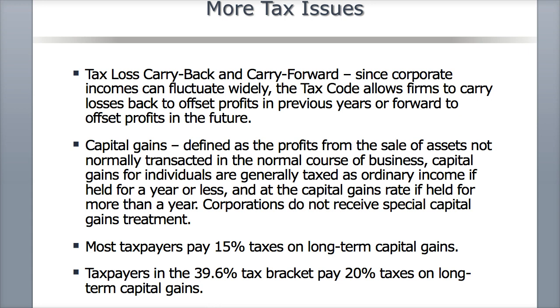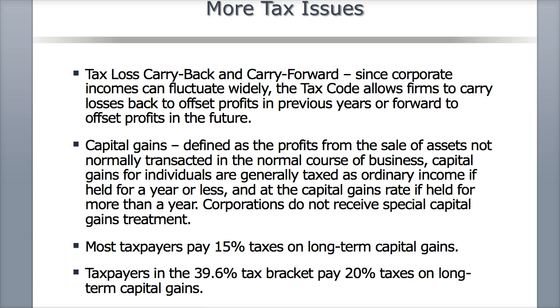So for most taxpayers, the long-term capital gains are only 15%. So if you were in, let's say, a 35% tax bracket and you had a long-term capital gain, you would only have to pay 15% tax on that. However, the tax rate on long-term capital gains is 20% for taxpayers who are generally in the highest tax bracket, the 39% tax bracket in 2017.